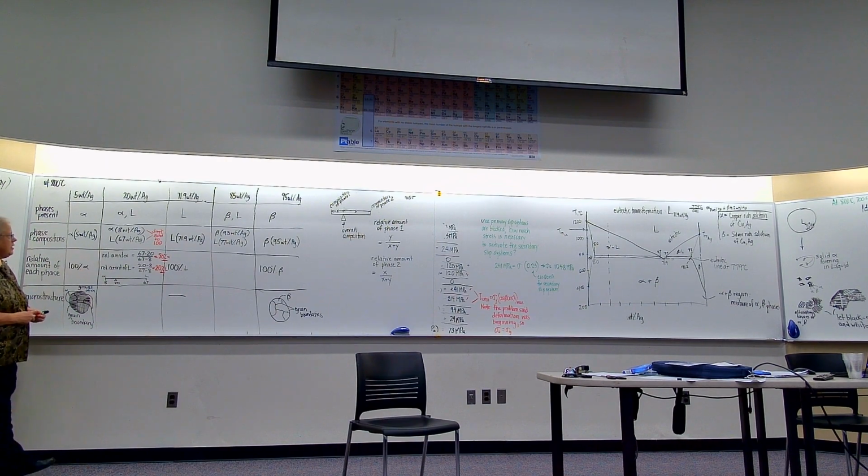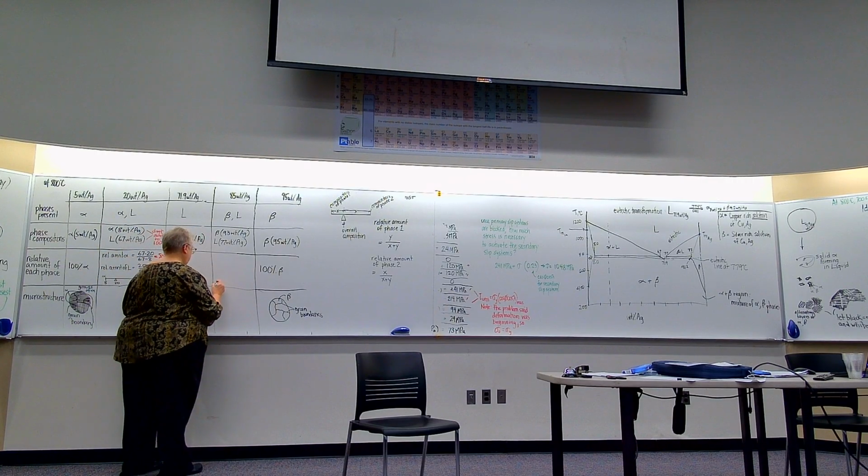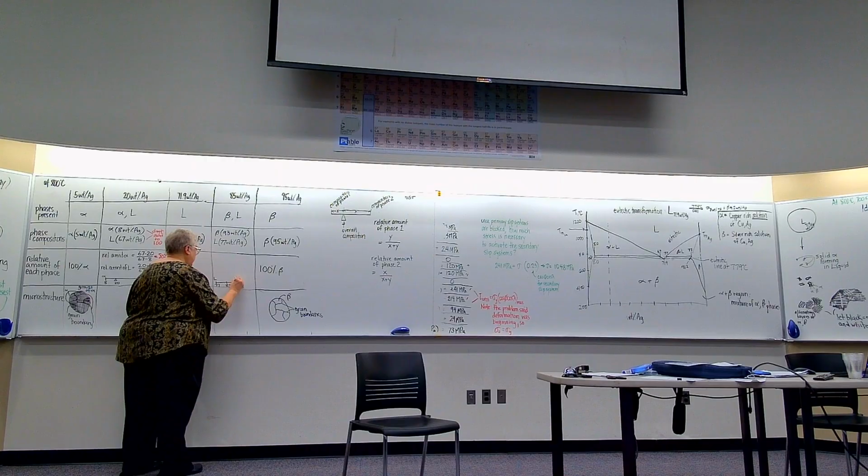All right, so let's do the equation for relative amounts on the 85 weight percent. I'm going in at 77, my fulcrum is at 85, and 93. This is liquid, and this is beta.